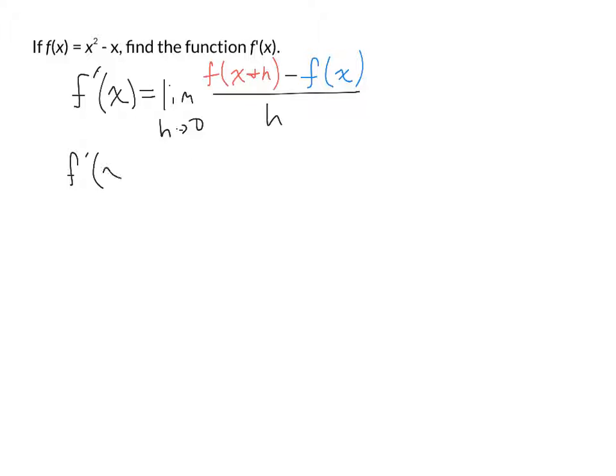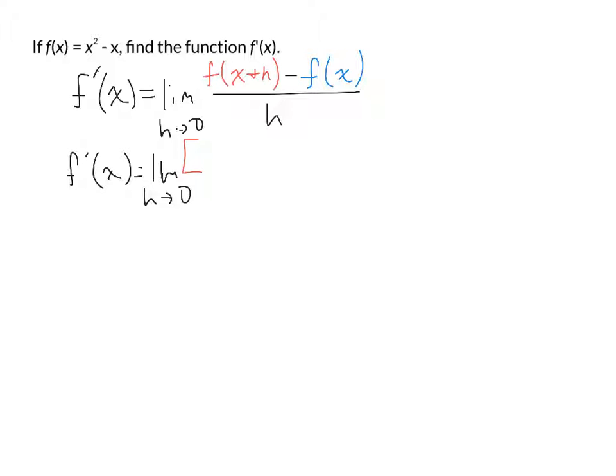So the derivative of f of x is our limit as h approaches 0 of, and so f of x plus h means we're going to replace all of our x's with x plus h in the function.